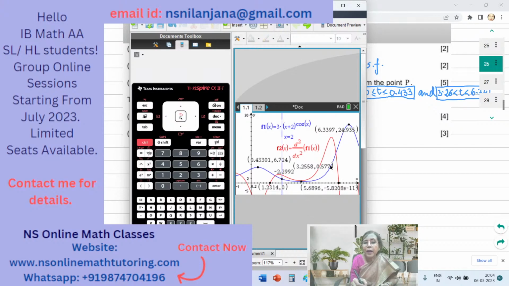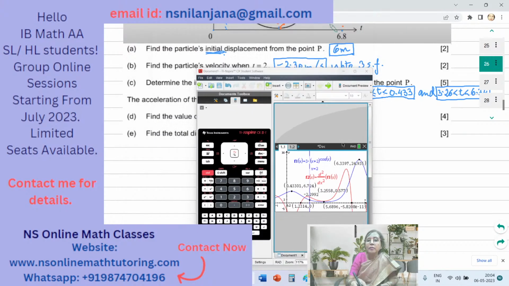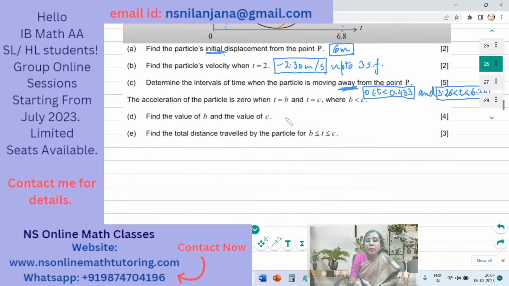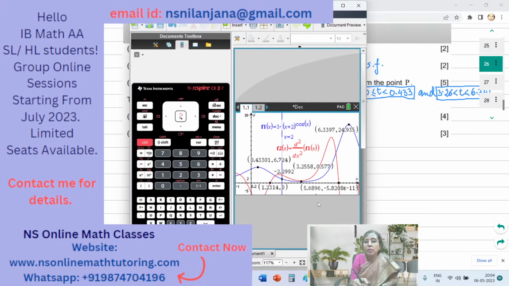It is 5.69. 1.23 and 5.69. So b equal to 1.23 seconds. And c is equal to 5.69.